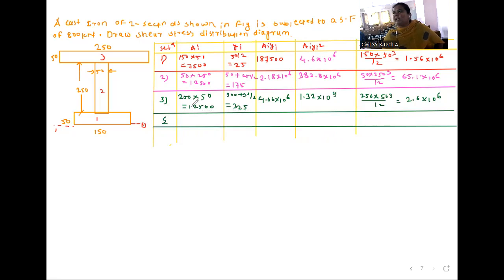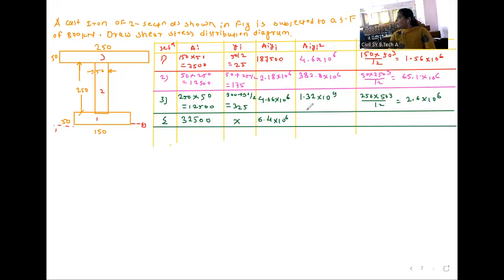So summation of ai, 32500. Then summation of ai yi, 6.4 into 10 raised to 6. Then ai yi square, that answer is not available with me.